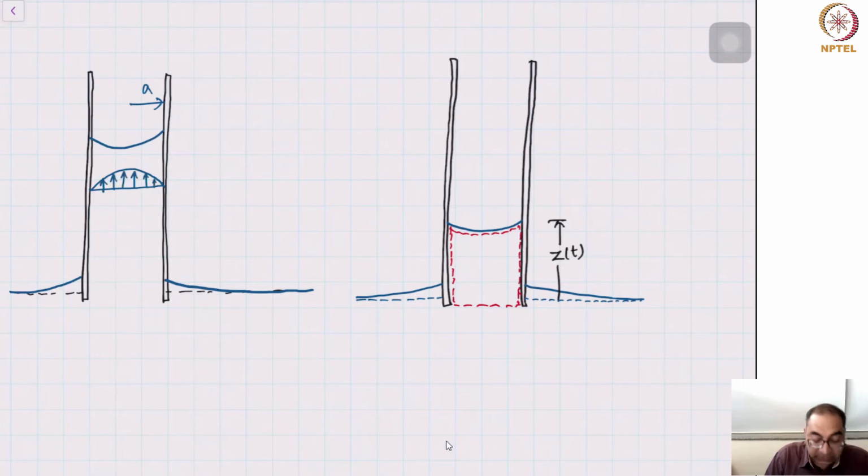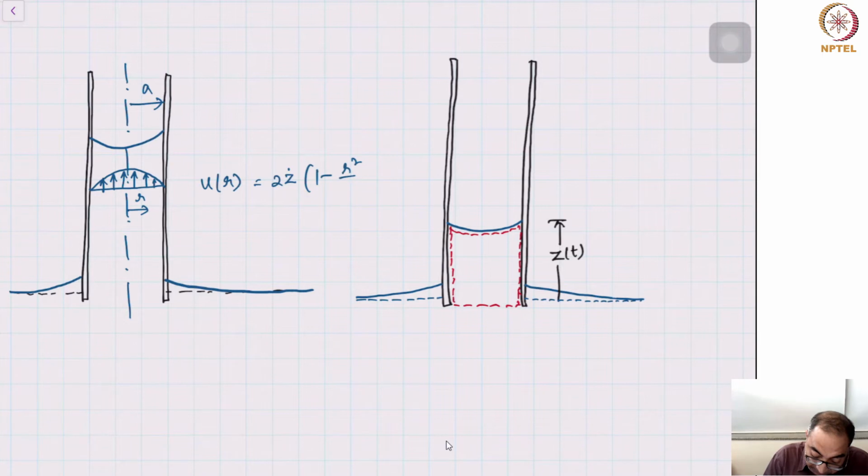This is not true initially because of boundary layer effects, but once the flow has reached a fully developed state, then you can expect a parabolic velocity profile, and we can easily write it down. If I call the vertical velocity u, then it is changing with the radius r, where we are looking at a tube: u equals 2 z dot times (1 minus r squared by a squared), where z dot is basically an average velocity.